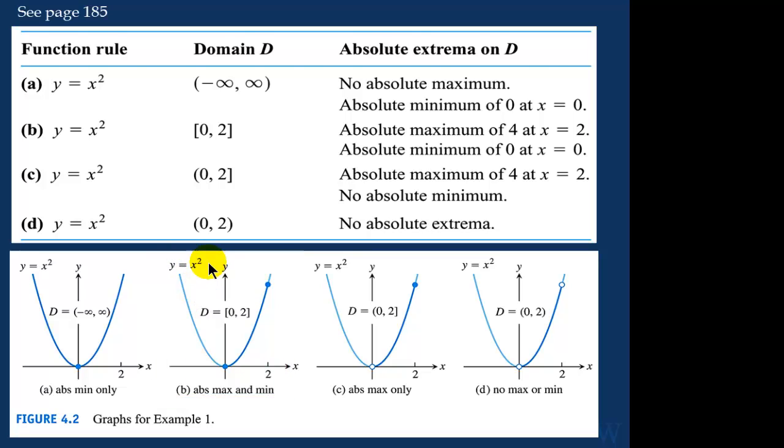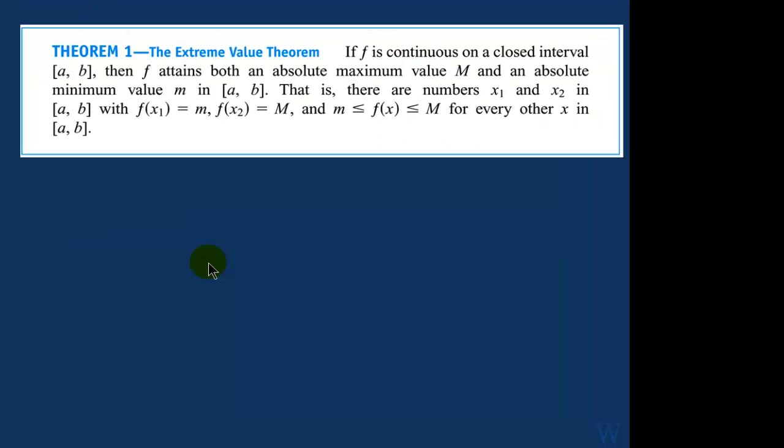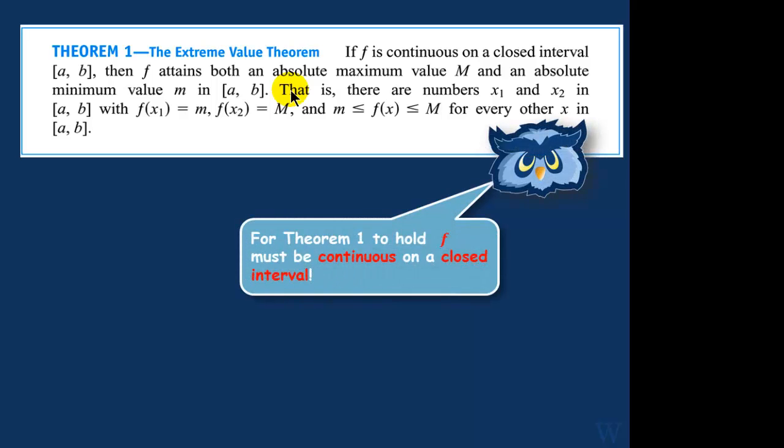And so based on Theorem 1, if f is continuous on a closed interval, then f attains its absolute extreme values. So again, Theorem 1 will hold if we have those conditions: f is continuous and the domain is a closed interval.